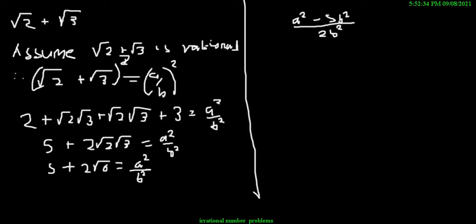So in this case we can send the 5 to the other side, so we have all the rational numbers on one side and the irrational numbers on the other. 2 square root 6 is equal to a squared over b squared minus 5.